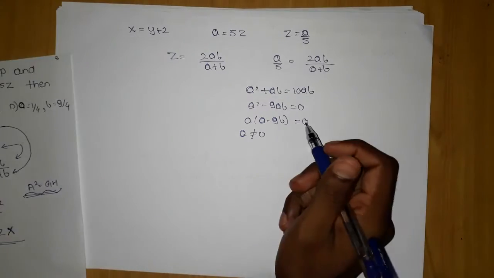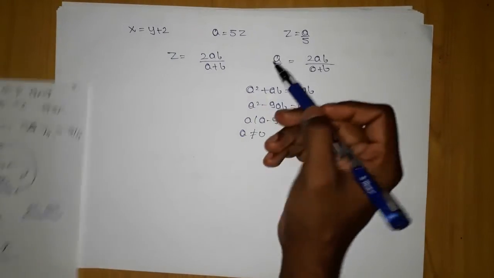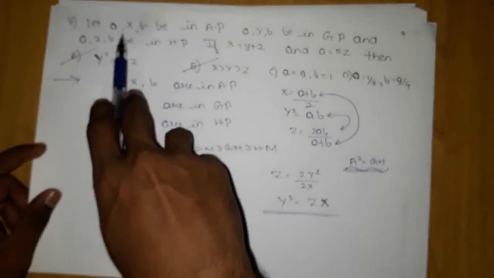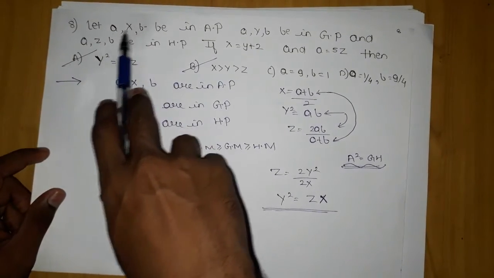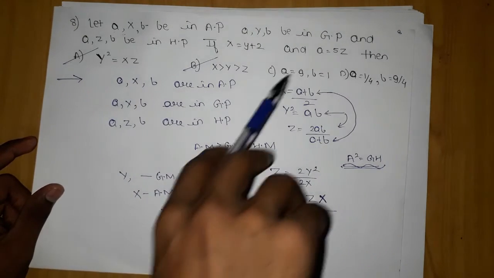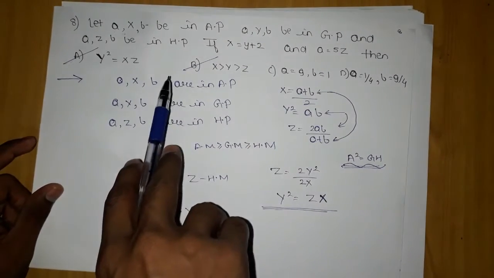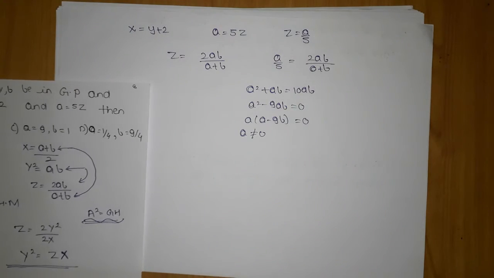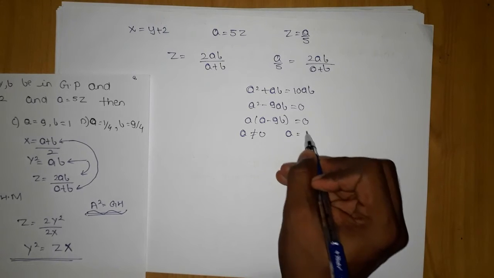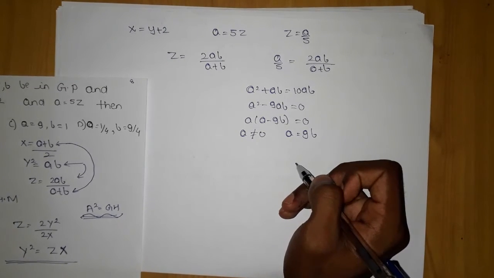If a became 0, there would be trouble, because this will no longer hold, because in an AP the term should not be 0. The same holds for GP and for HP. So a should be equal to 9b.